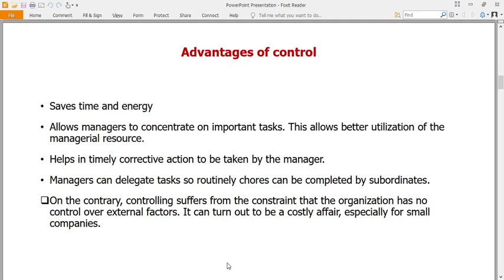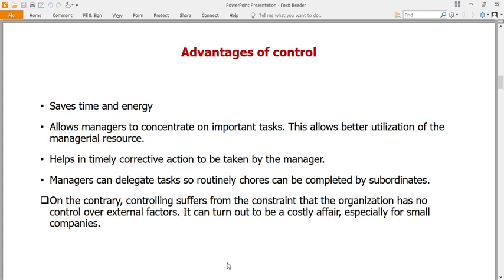And controlling is advantageous because it saves time. When you control, you minimize errors. So in so doing, you're saving time on what would have been repeated. Then it allows managers to concentrate on important tasks because everyone is in check of what is expected out of them.